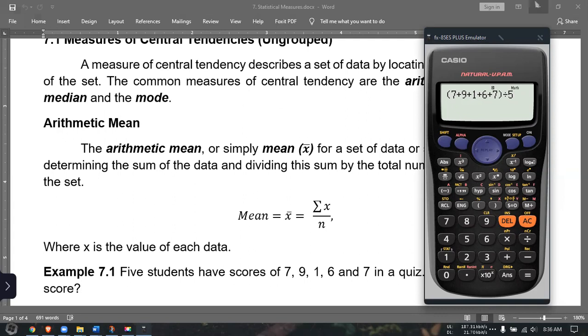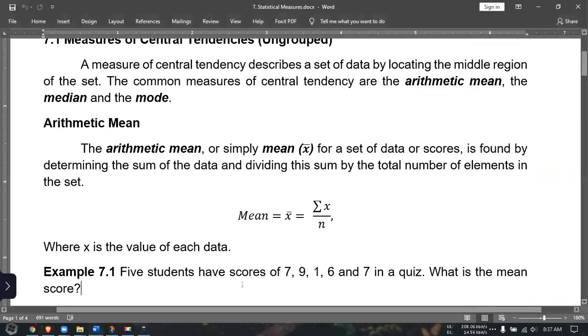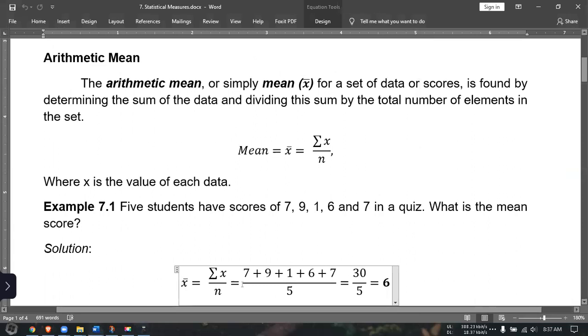Whatever value we found here is actually our mean. The mean score of these 5 students is 6.